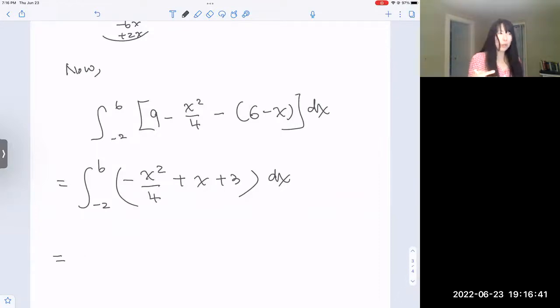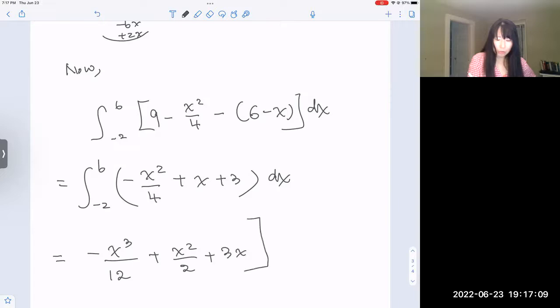The first term gives negative x cubed over 12, the second term gives x squared over 2, and the third term gives 3x. So we evaluate from negative 2 to 6.